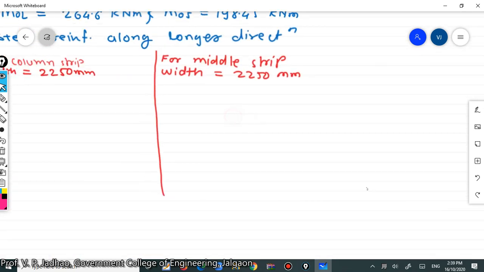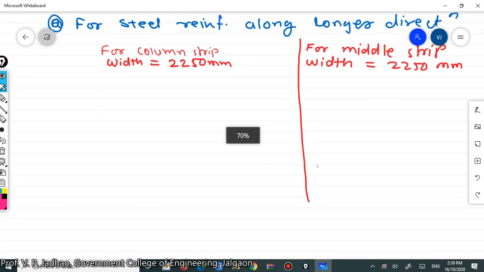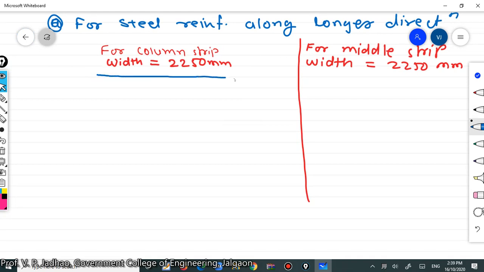We have to divide whatever moments we are getting in terms of positive bending moment and negative bending moment. Negative bending moment will be acting at the ends of the column strip and middle strip, whereas the positive bending moment will be acting at the central span.